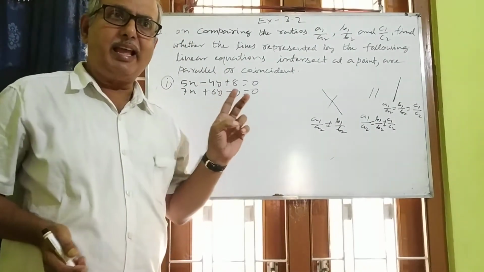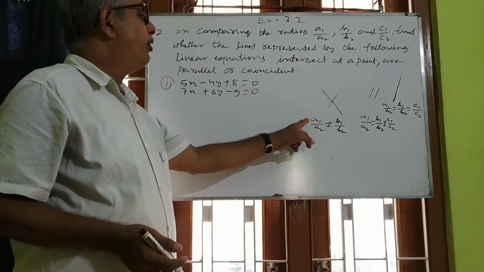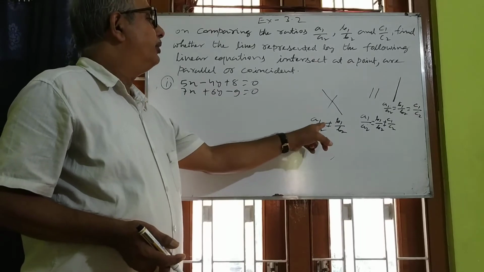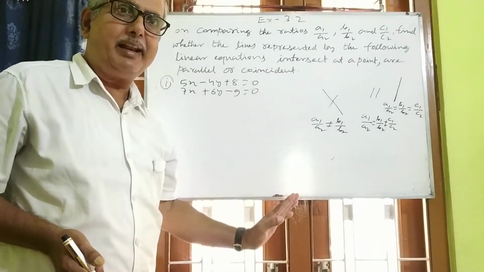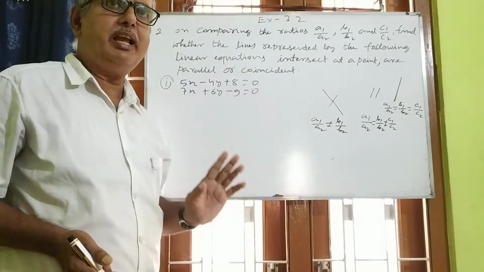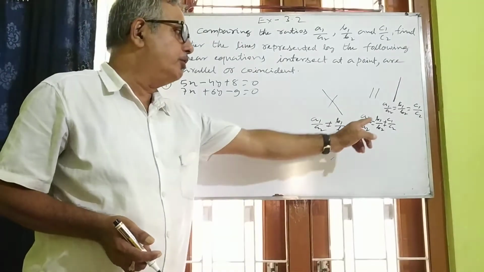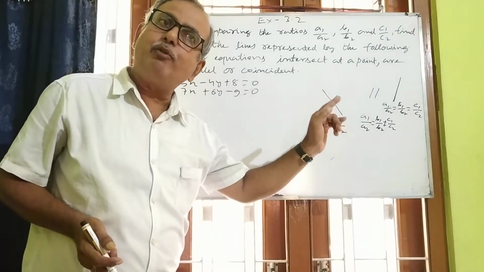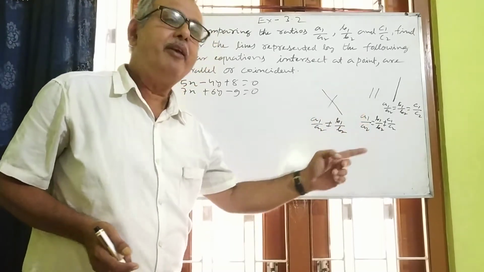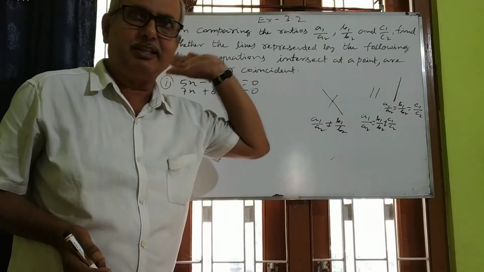If the two lines intersect at a point, then A1 by A2 not equal to B1 by B2. If the lines are parallel, once again you listen, A1 by A2 equal to B1 by B2 not equal to C1 by C2. If the lines are coincident, means lying one line on the other line, A1 by A2 is equal to B1 by B2 is equal to C1 by C2.